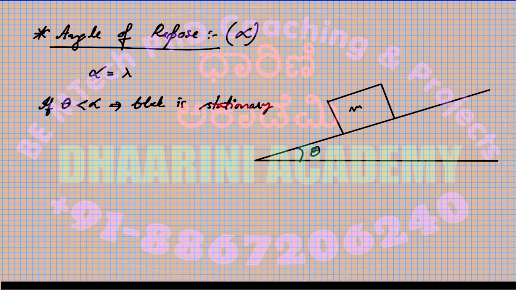If theta equals alpha, the block is on the verge of sliding. The block might start moving at any point of time.